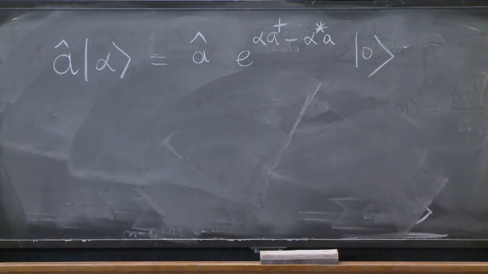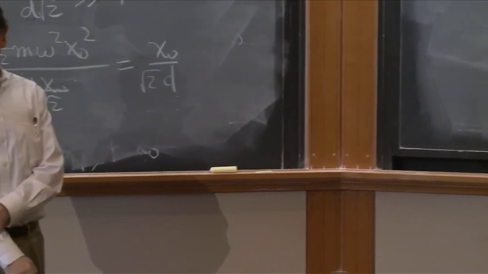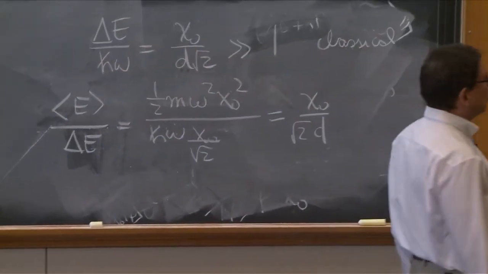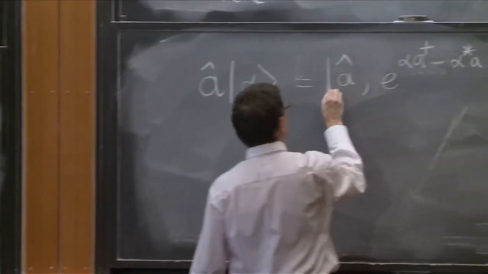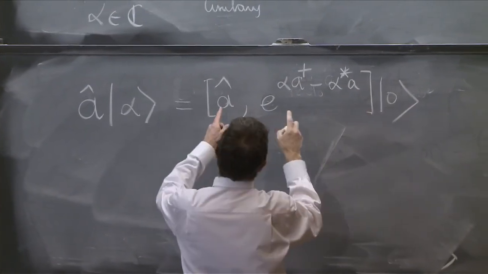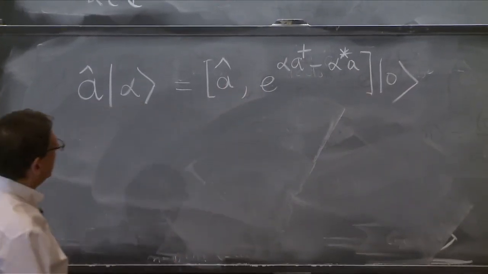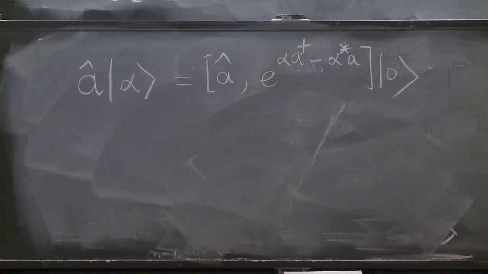Now, A kills the vacuum, so maybe you're accustomed already to the next step. I can replace that product by a commutator, because the other ordering is 0. So this is equal to the commutator, because the other term, when A is on the other side, is 0 anyway. And now I have to compute the commutator of A with an exponential.